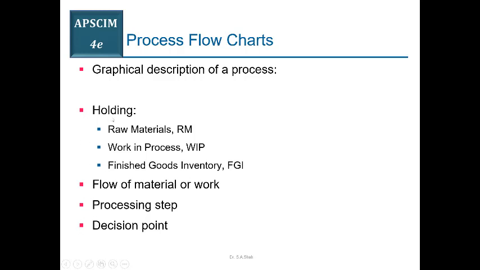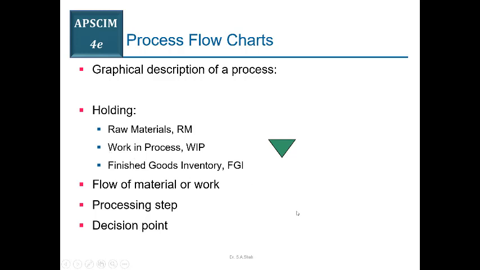The first one is the holding. Holding is represented graphically by an inverted triangle, and it may represent the raw materials or the work in process within the system, or it may represent a finished good inventory, normally abbreviated as FGI. So FGI will be your final product. If your material is completely in raw form, then that will be raw material, and if it is going through some processes, it will be considered as the work in process.